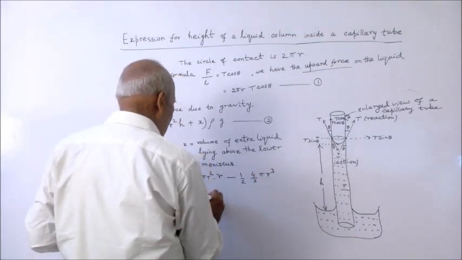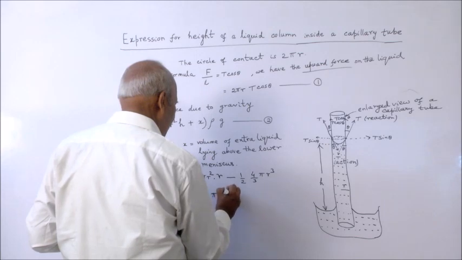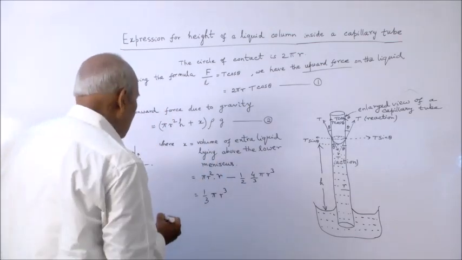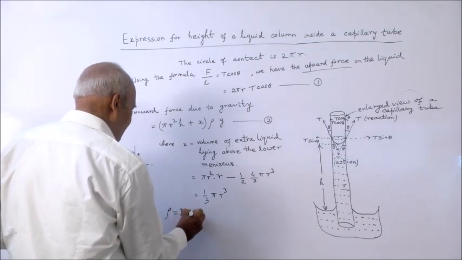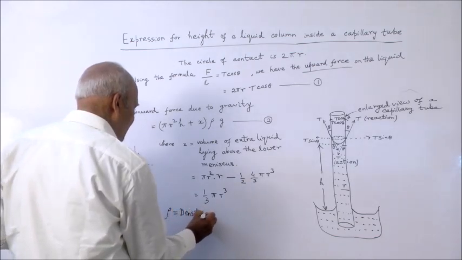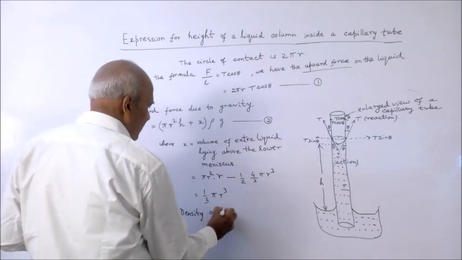So, it is 1 by 3 pi r cube, and rho is equal to density of the liquid.